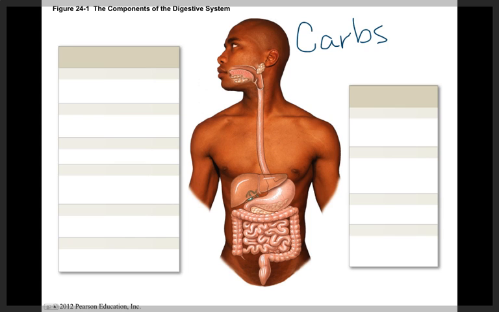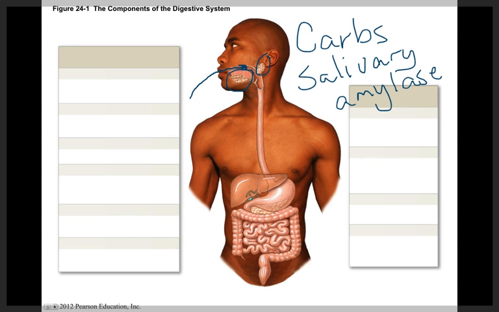digestion and absorption. So the first thing that happens is that we ingest the carbohydrate. So we bring it into the mouth. That's called ingestion. Once in the mouth, the salivary glands will start secreting a substance called salivary amylase.